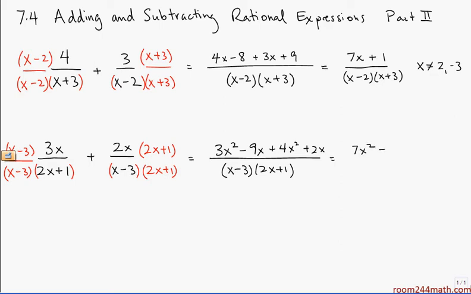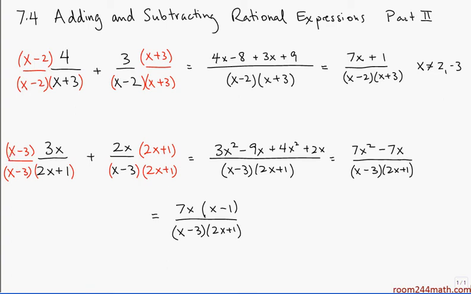That's 7x squared, and then minus 7x all over x minus 3, 2x plus 1. And this simplifies. Actually, it doesn't simplify, but we can factor out a common factor of 7x in the numerator and get 7x times x minus 1 and x minus 3 and 2x plus 1 in the bottom.